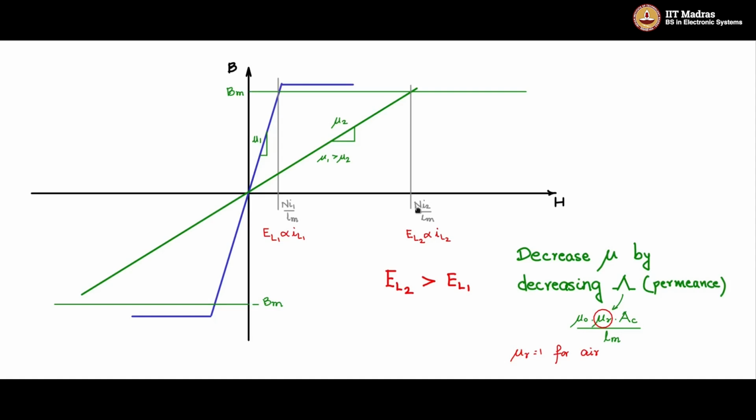So this way we try to maximize the energy storing capability of the inductor. One primary important feature of the inductor is that it should be capable of storing energy. So that is why we try to design the inductor which is capable of carrying higher and higher currents.